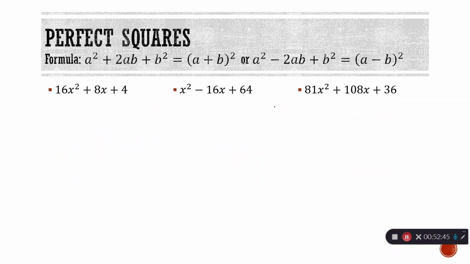Okay, so let's do this. And don't forget our test. You always test first. Is 16x squared a perfect square? Yes. 4 perfect square? Yes.